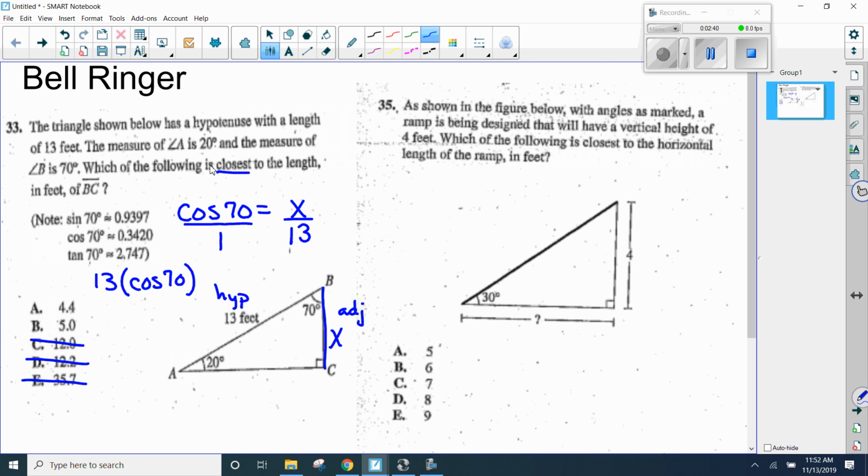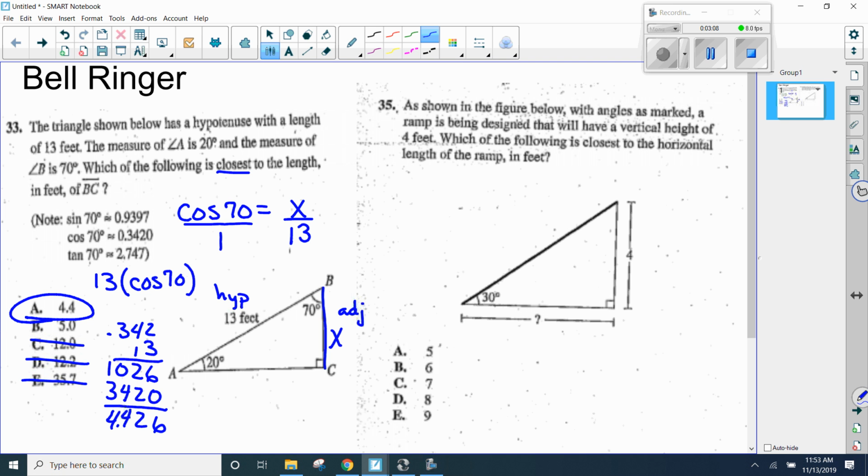So anyway, you could do this without your calculator. So now you sit there and you calculate, well, you could take 0.342 times 13 and calculate it. What's it look like it's going to be? 4.446. 4.426.